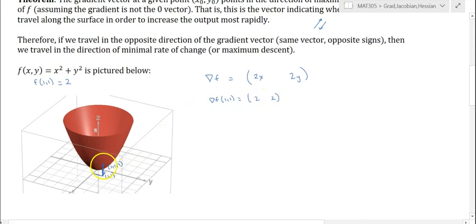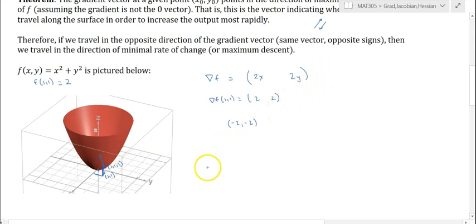It's kind of hard to visualize without rotating this thing, but basically this would say increase x by 2, increase y by 2. So we would be heading up, somewhere in this direction. Hopefully, just from an intuitive sense, you at least see that we're moving up the surface as opposed to down the surface. Now, if that's the gradient, then if we moved in the direction -2, -2, that would be precisely down in the opposite direction, and that would move us in the direction of the minimum.